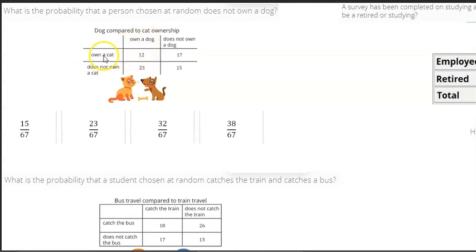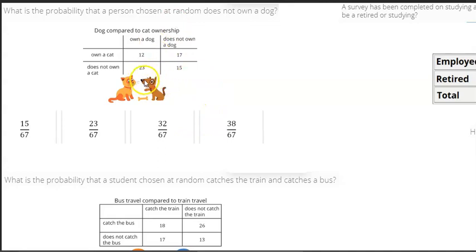They own a cat, but they don't own a dog in this category here. They own a dog, but they don't own a cat in this category here. Or they don't own a cat nor a dog, and they lie in this category here. So you can belong into one of four different categories. Either you have a cat, you have a dog, you have both, or you have none.